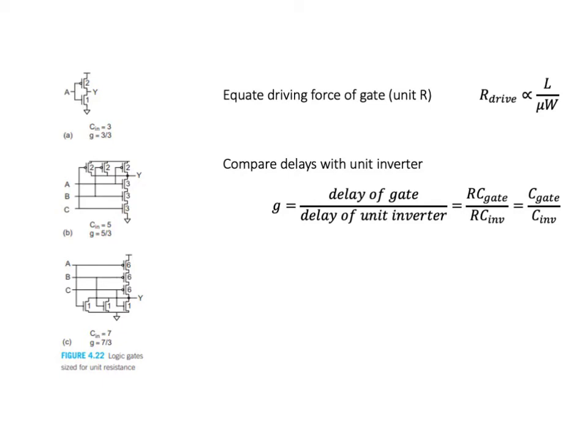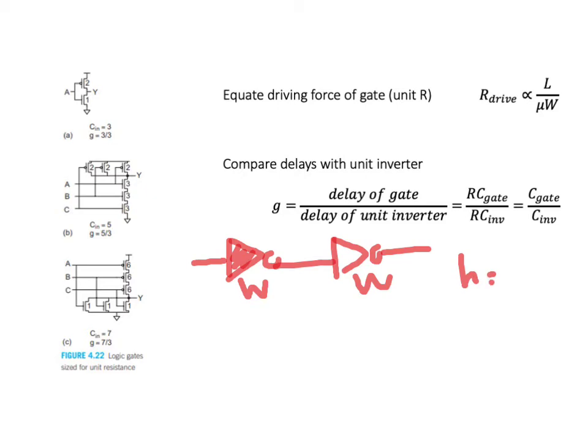So let's look at this in a little more detail. We were studying the effect of this inverter driving another inverter of the same size, and we said this is represented by H, the electrical effort of fan out H equals 1. The H parameter studies the effect of the relative size of the driving gate to the size of the load. It studies the relative effect of sizes.